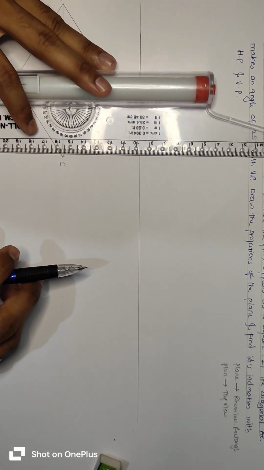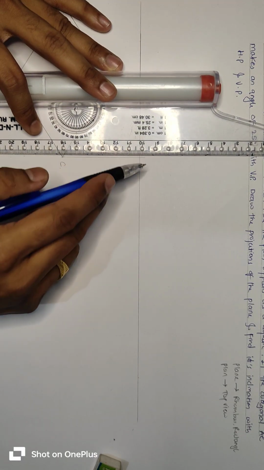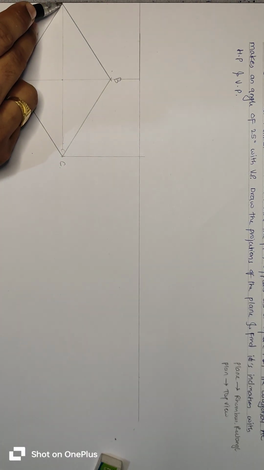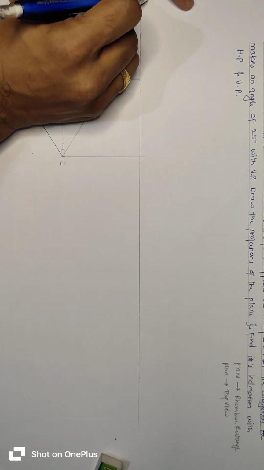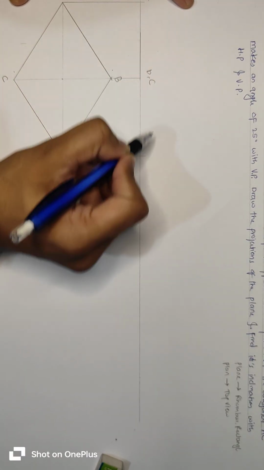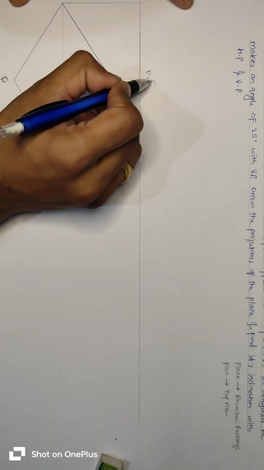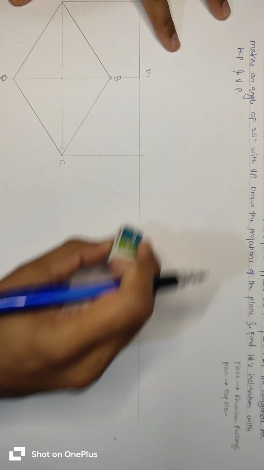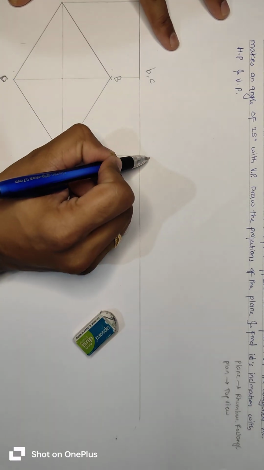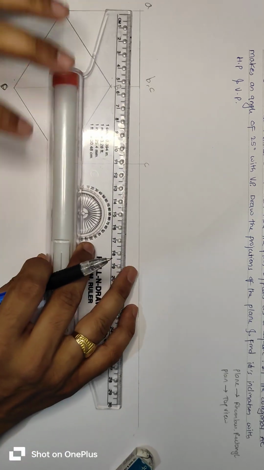Then take projection of these points on the XY line. These points are marked with small letters. Then make this front view dark.